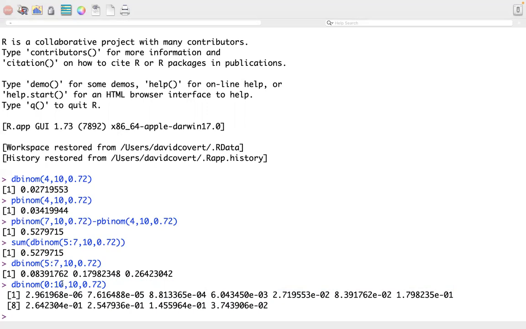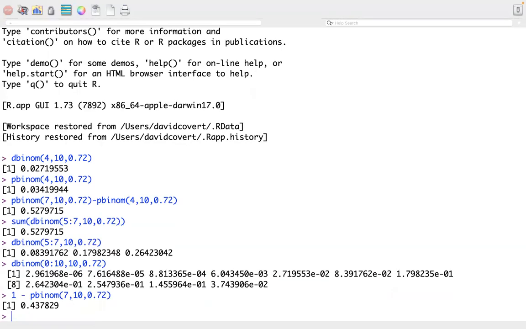If I wanted to find the probability of having, say, 8 or more successes, what you could do is just do 1 minus the probability of having 7 or fewer successes. Let me say it again: the probability of having 8 or more successes, that's 8, 9, or 10, I could find by taking the complement, 7 or fewer successes, and taking 1 minus that.